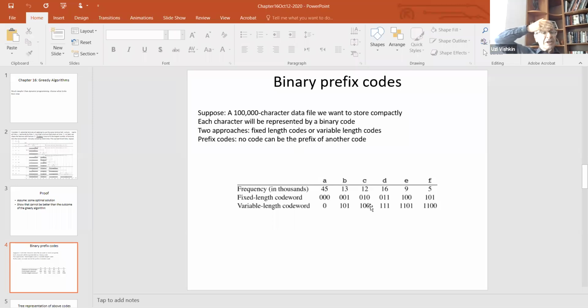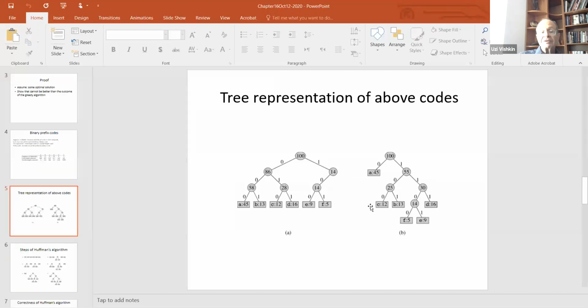So this is a demonstration that binary prefix codes have value. But is what I demonstrated to you the best I could do using binary prefix codes? The answer is going to be given through a greedy algorithm that we are going to consider in the next class.